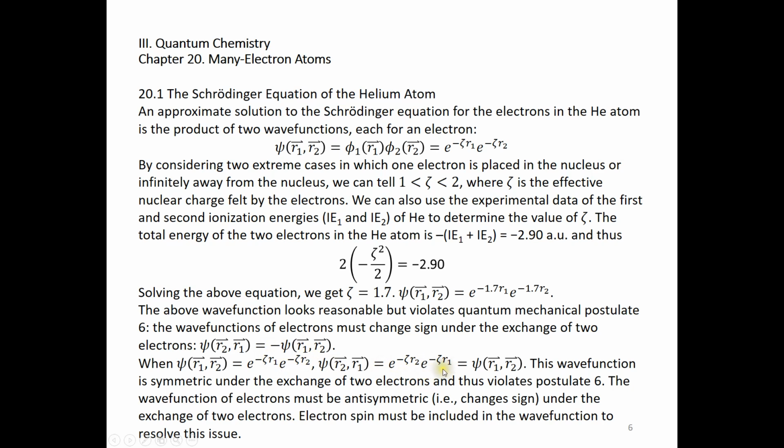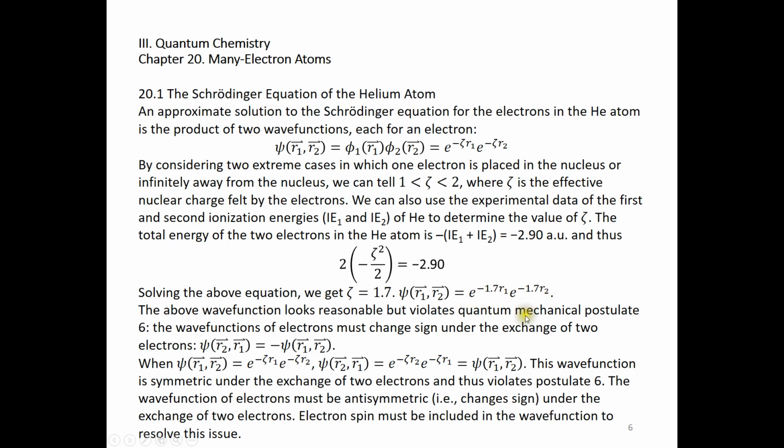But this wave function is exactly the same as the original wave function. That means when we take this form for the wave function of the two electrons in the helium atom, it's a violation of quantum mechanical postulate 6, because after we exchange R1 and R2, we get the same wave function. Supposedly the sign should change, but we didn't see any sign change.